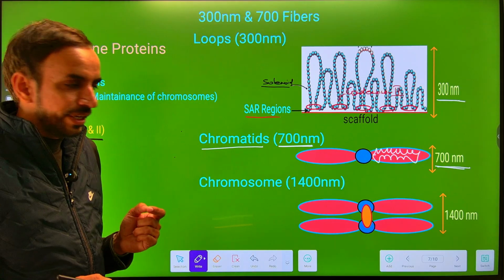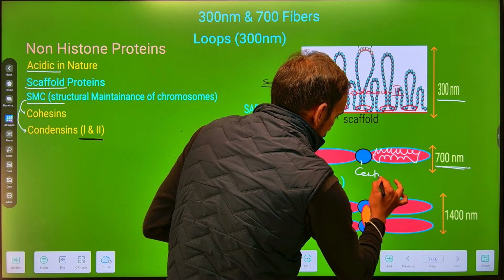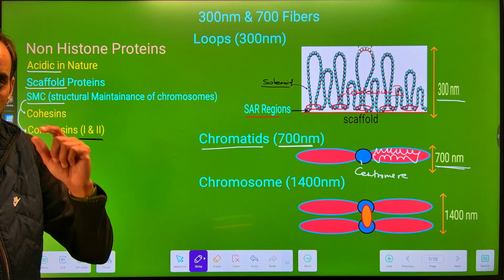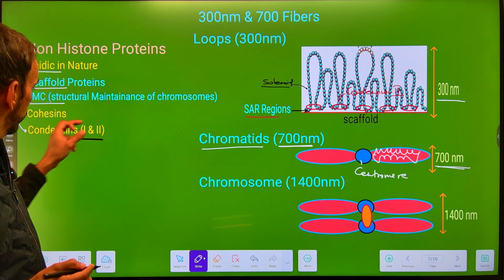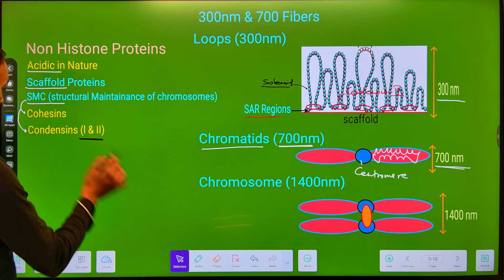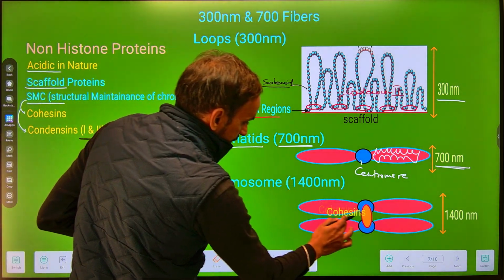Now this chromatid has a region known as the centromere. Now the centromeres of two chromatids are held together with the help of a protein known as cohesins.